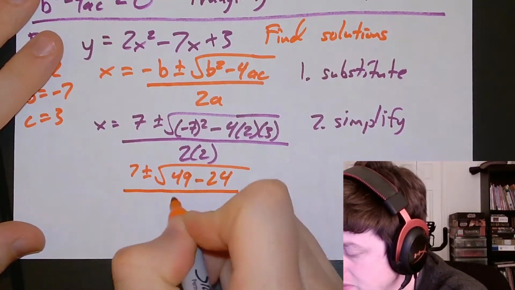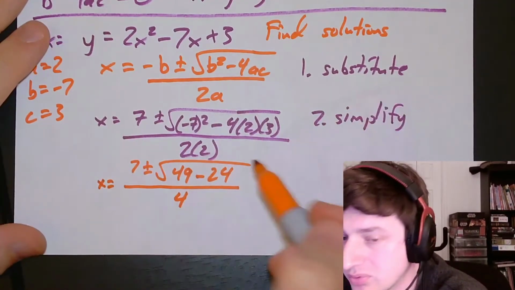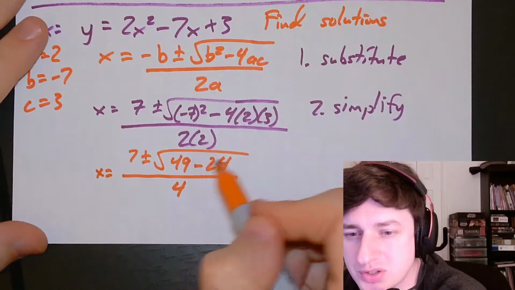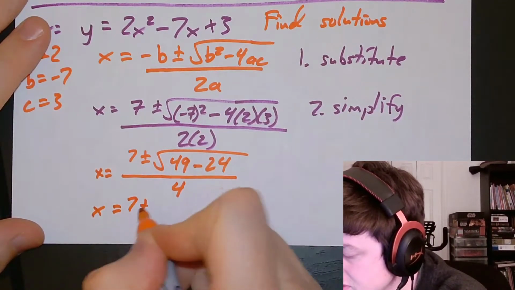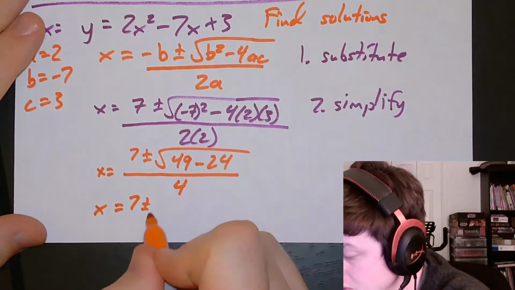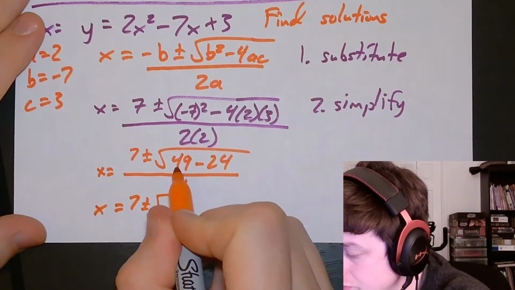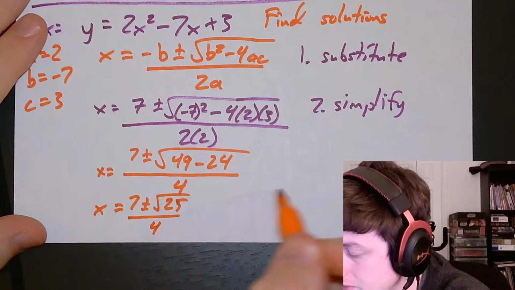All of that gets divided by 4. Probably going to run out of room, but this turns into 25. So it is factorable, and I know that because this happens to work out quite nicely. So 49 minus 24 gives us 25 all over 4.